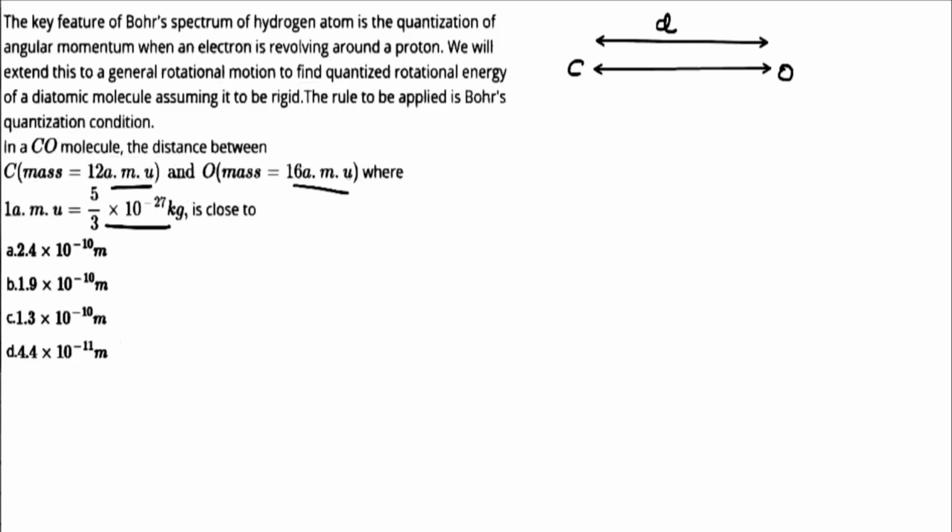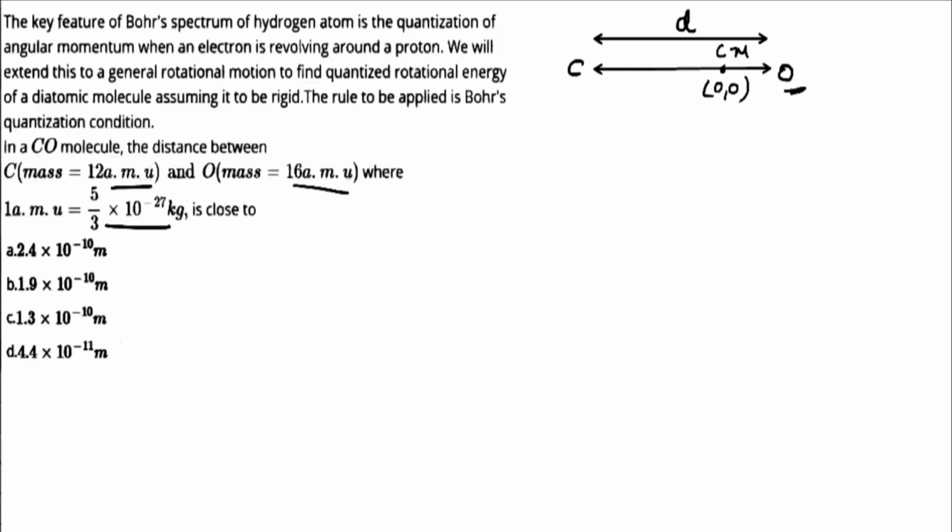Now we know that O is heavier than C. So the center of mass of CO molecule is somewhere closer to the oxygen. So for that, let this point be the center of mass, and let this coordinate be 0, 0.